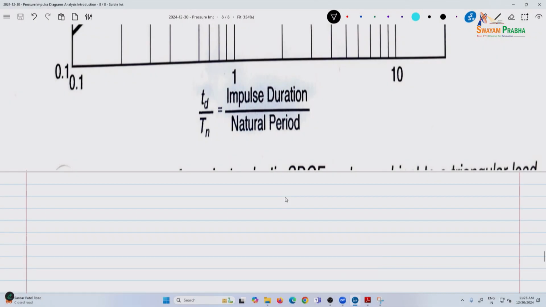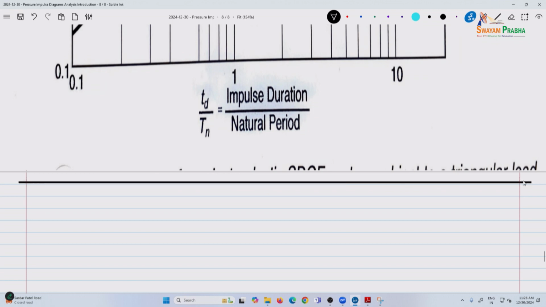So now we look at the concept of equivalent SDOFs, or SDOF representation.